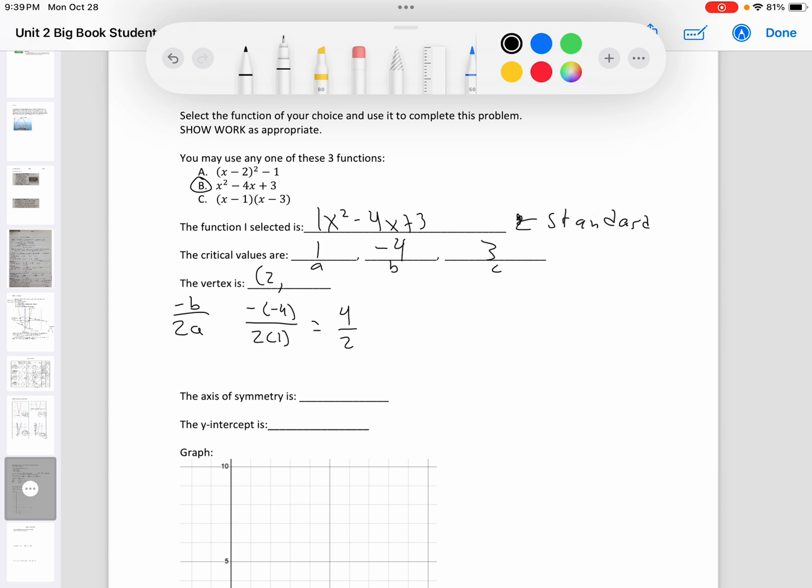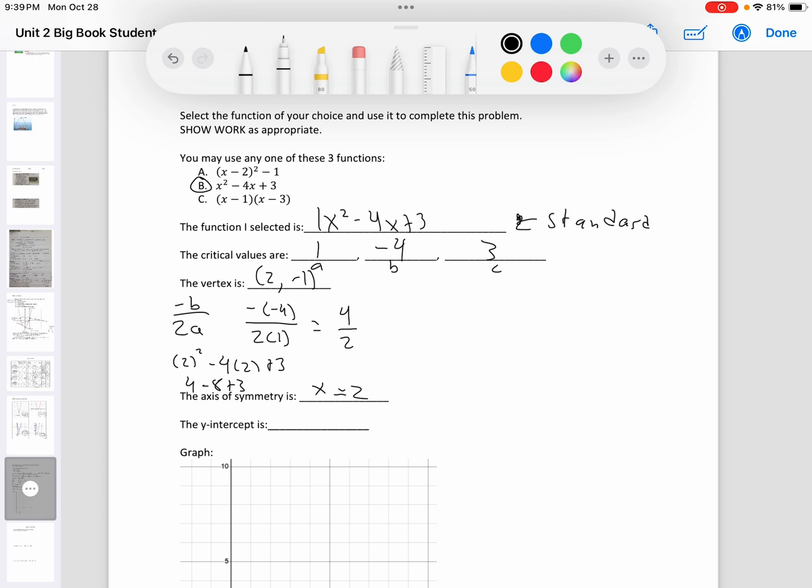Then we need to substitute that back into the function to find the y value. So here I would have 2² - 4(2) + 3. 2 squared is 4. Negative 4 times 2 is negative 8, and plus 3. 4 minus 8 is negative 4, plus 3 would be negative 1. So (2, -1) would be the vertex. The axis of symmetry is, of course, x = 2, because that's going to be the x value of the vertex.